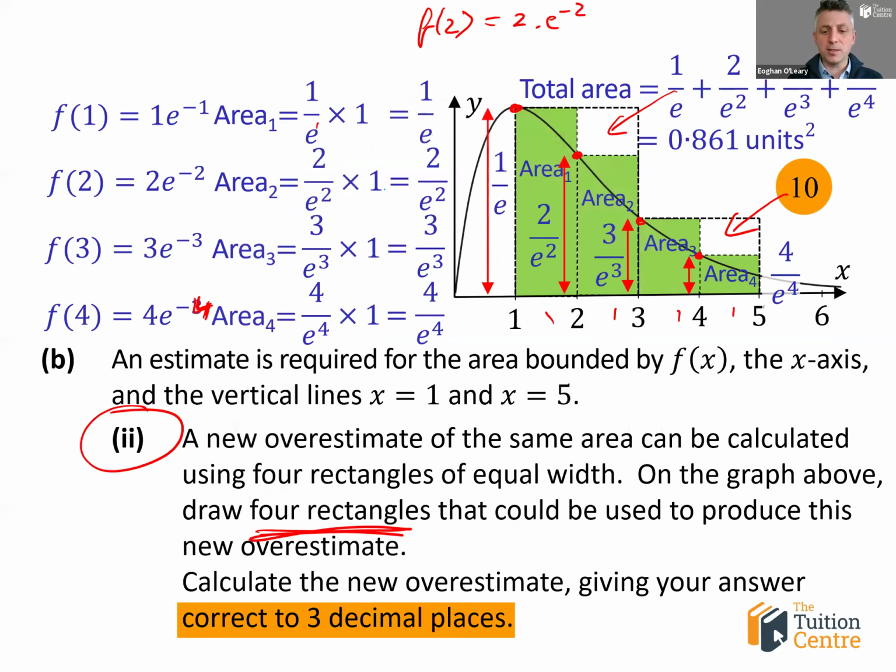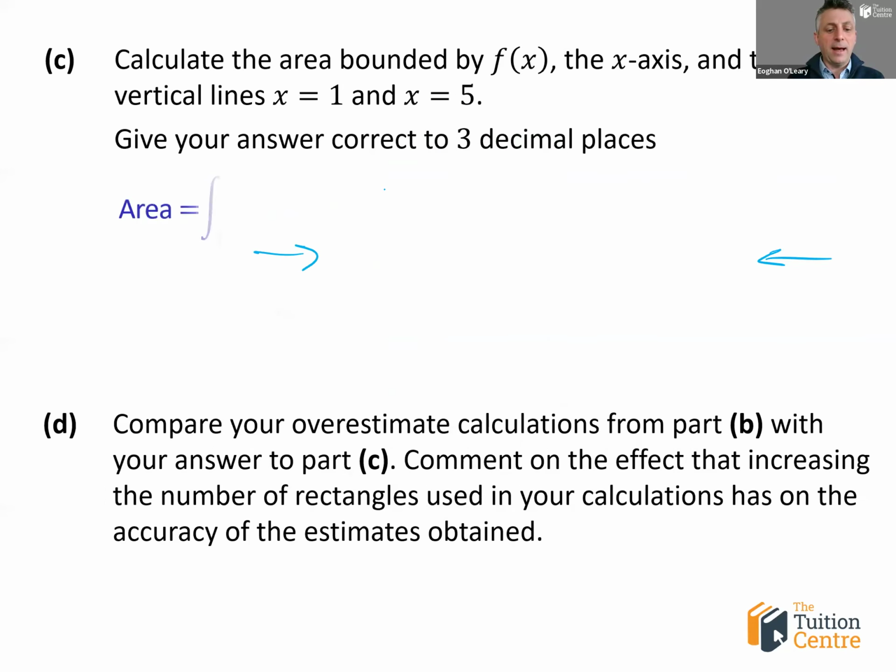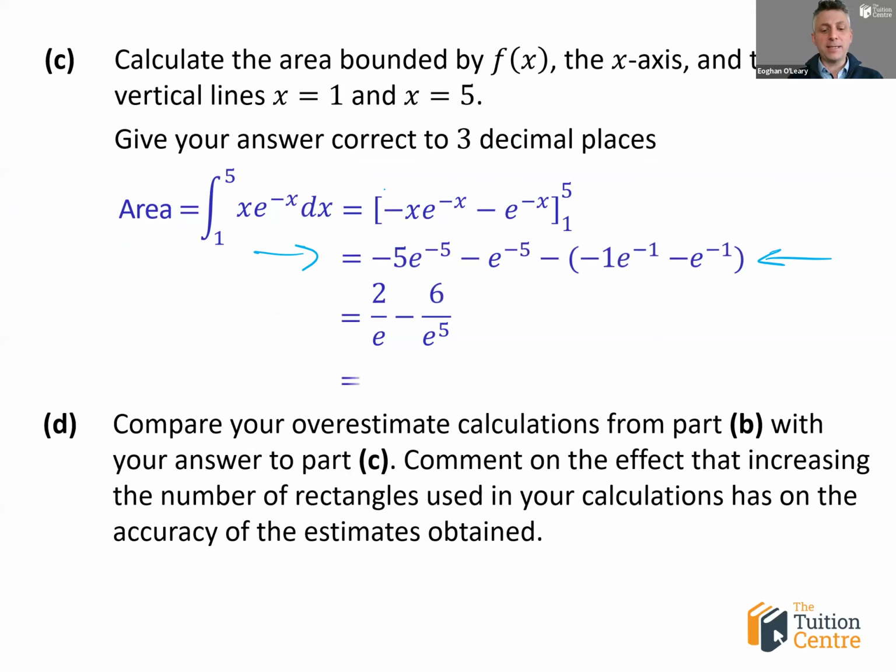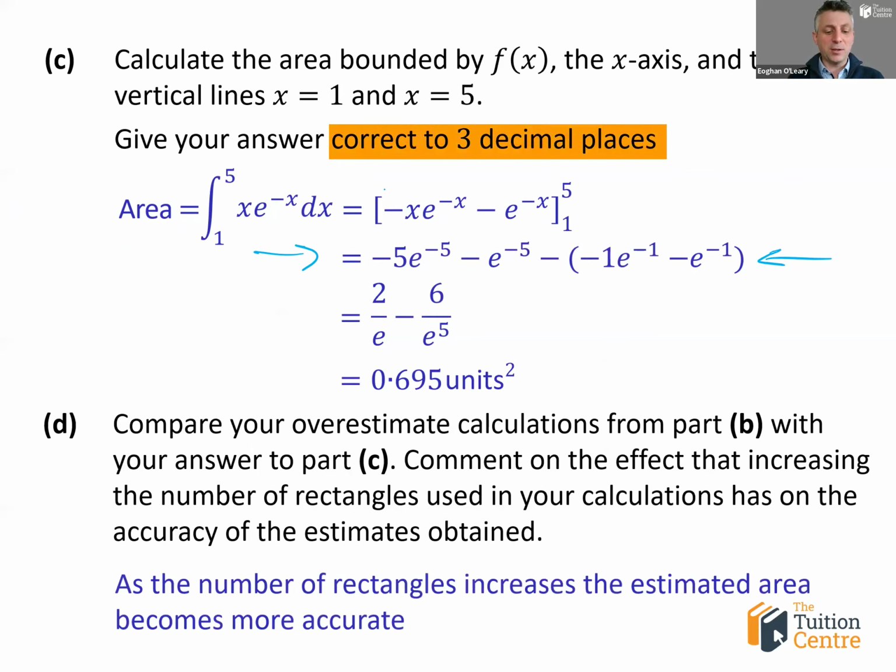When we had the 4 rectangles, we had 0.861. And so our fully correct answer was 0.695. So basically, as the number of rectangles increases, the estimated area becomes more accurate, gets closer and closer to the actual area.